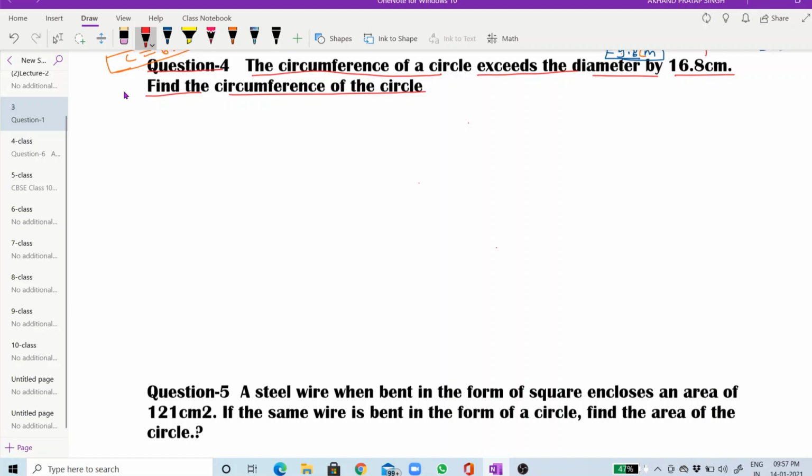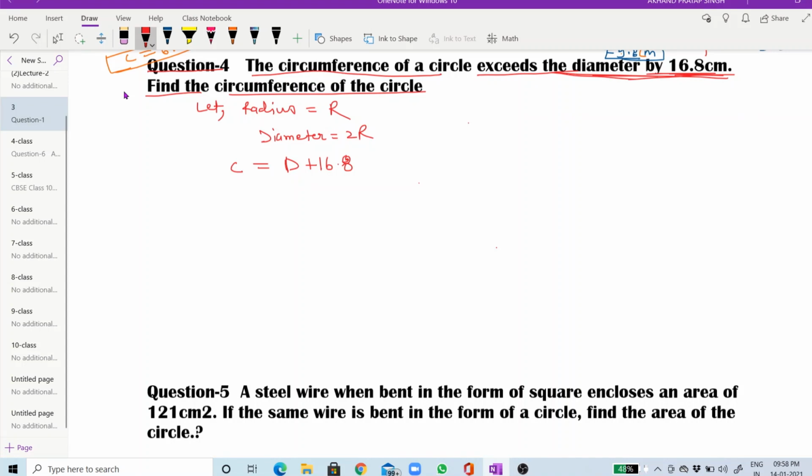So we know that the radius, let radius is equal to r, and diameter equal to 2r, and the circumference is equal to diameter plus 16.8 centimeter, which is the given condition.